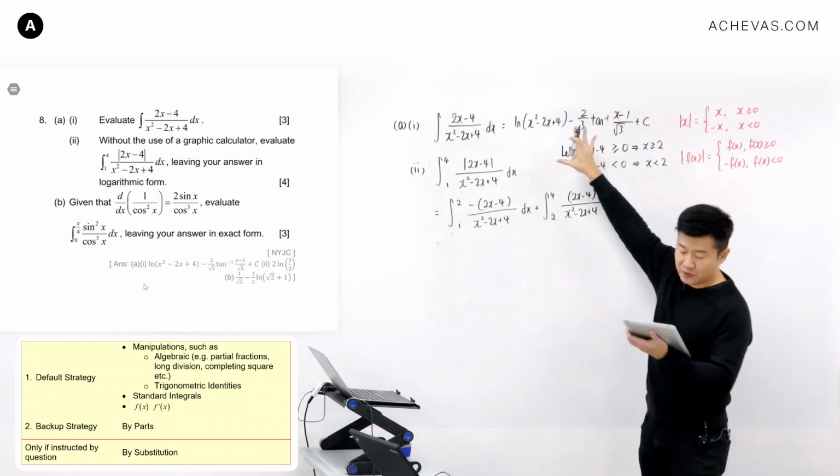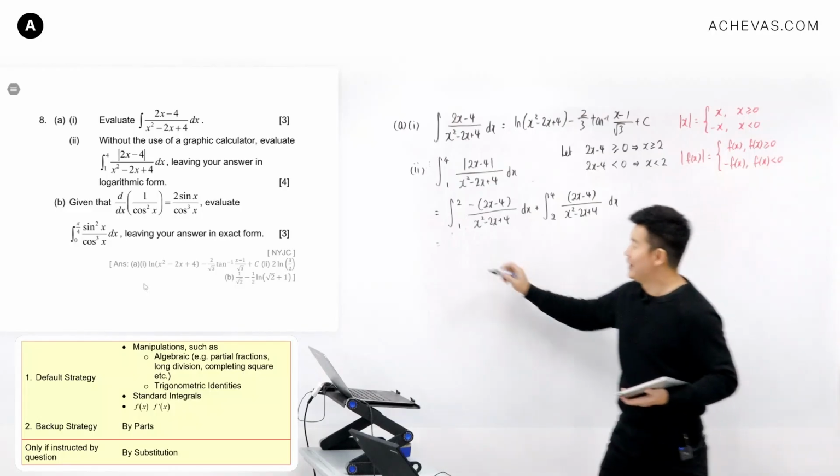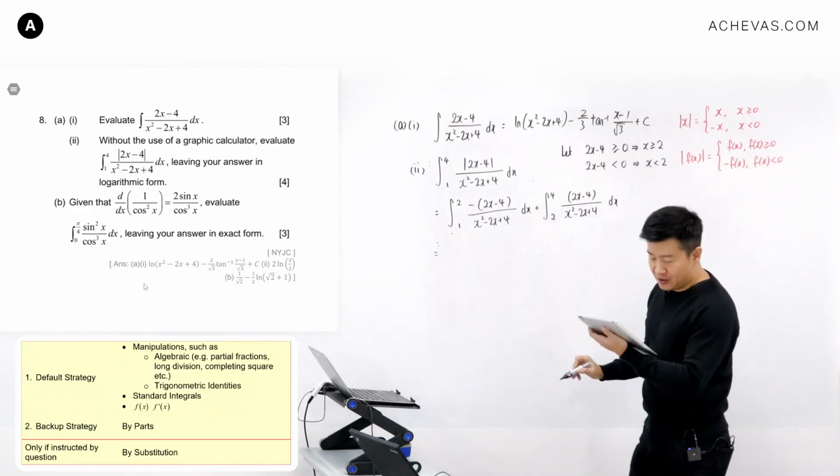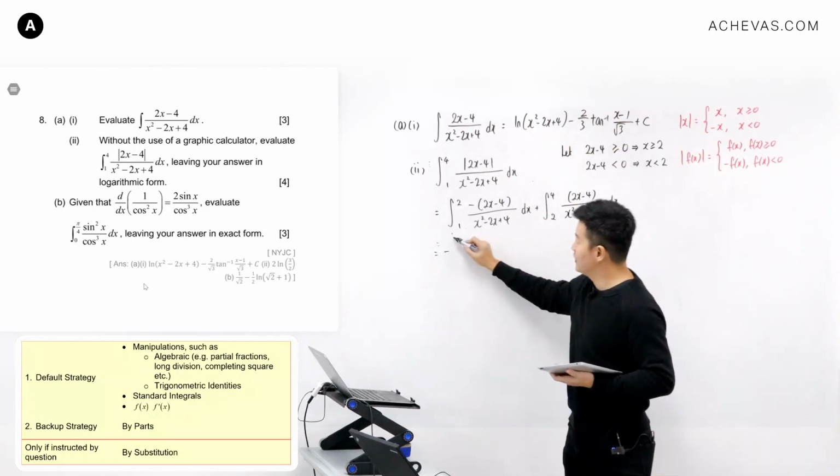And now we are ready to make use of the previous result, and it is going to be one tedious process of substitution. So this negative, I'm going to take it out, and integrating this, it is just making use of this result.